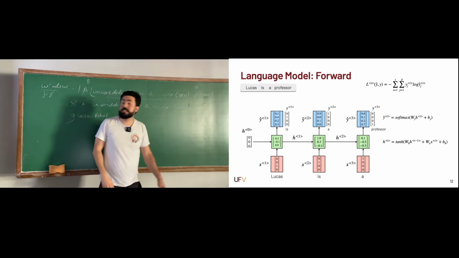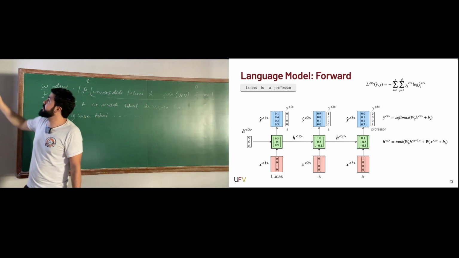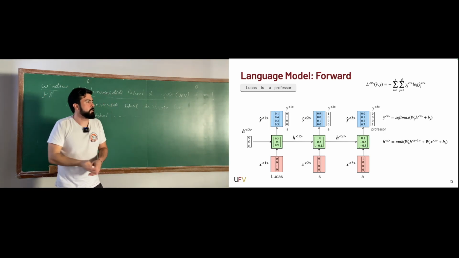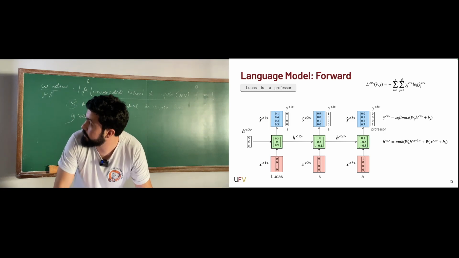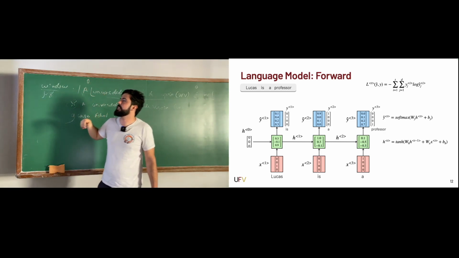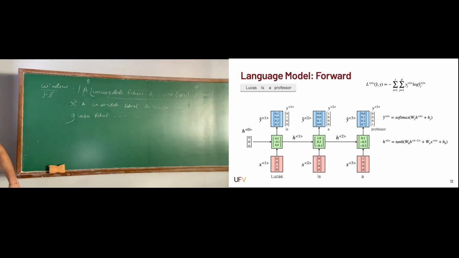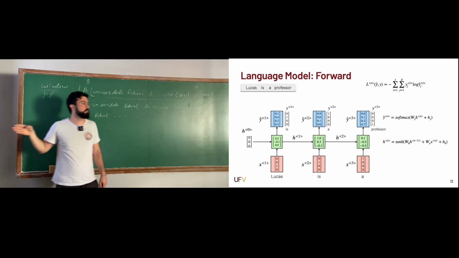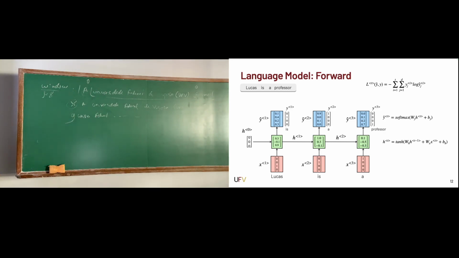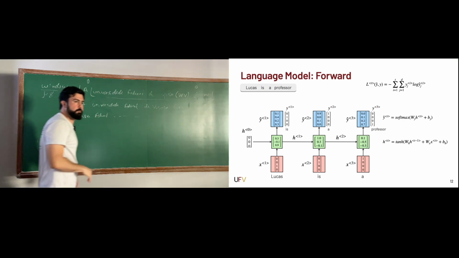So d is equal to 4 here. I have 4 possible words. That external sum that goes from 1 to T is the sum over the time steps. I have 3 time steps here. So for each time step, I'm going to sum the error for each word.